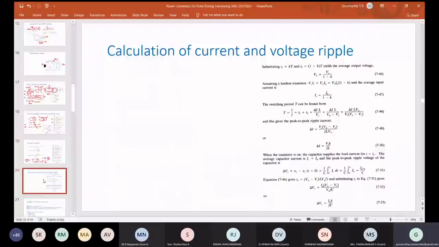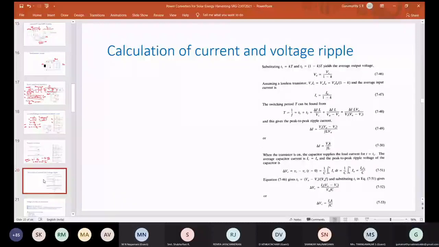Since we are designing these power circuits, the components should be able to withstand the voltages, and the components should be able to carry the currents drawn by the load. Finally the load power going to the load from the solar panel will flow through this converter. That's why you need to calculate these current and voltage values, so these calculations are important.